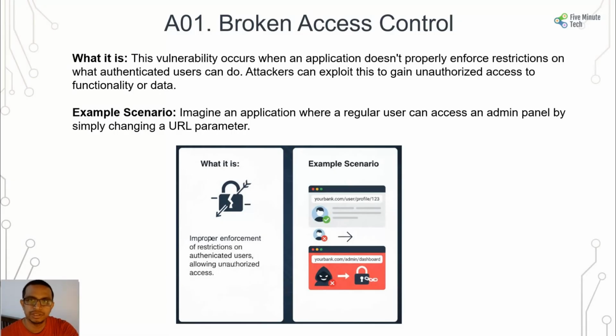Attackers can exploit this to gain unauthorized access to functionality or data in the application. An example scenario: imagine an application where a regular user can access an admin panel by simply changing the URL parameter, and that could be a very difficult situation for the security of the application.